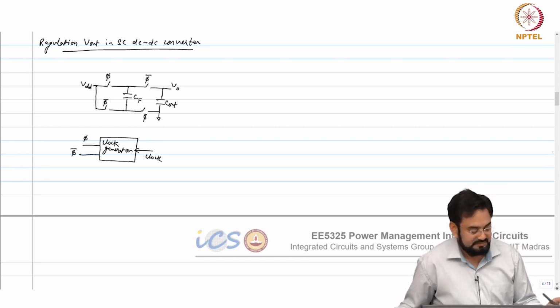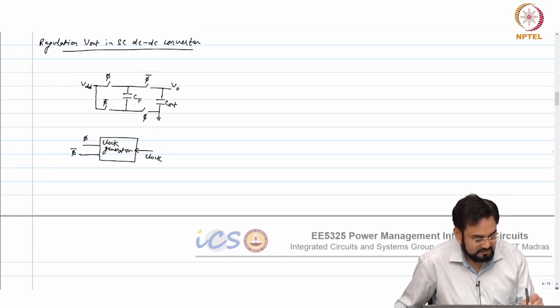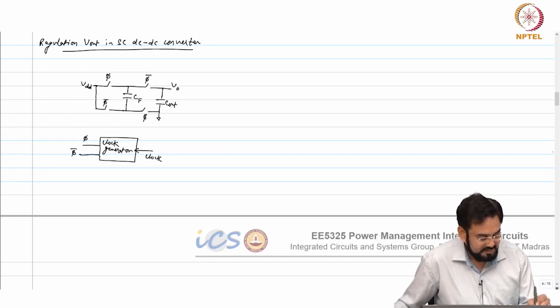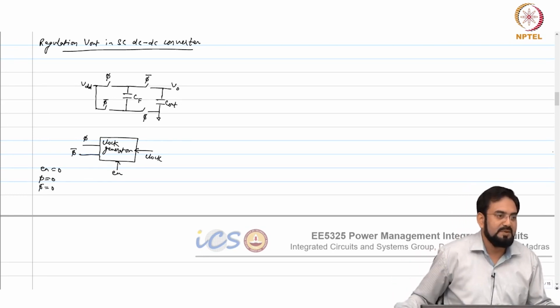Okay. And you can say it has enable signal also. So, when enable equal to 0, phi equal to 0 and phi bar equal to 0. Basically, all the switches are open.